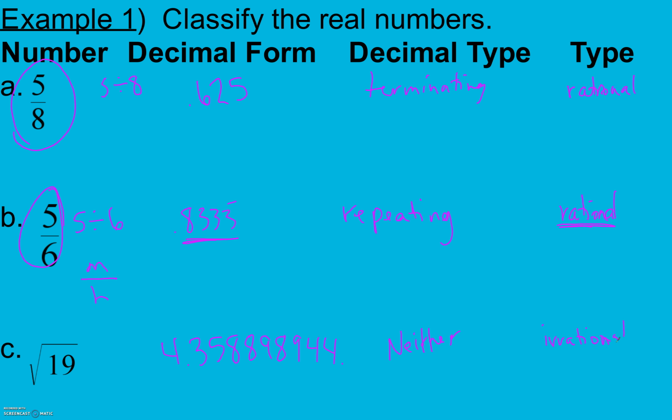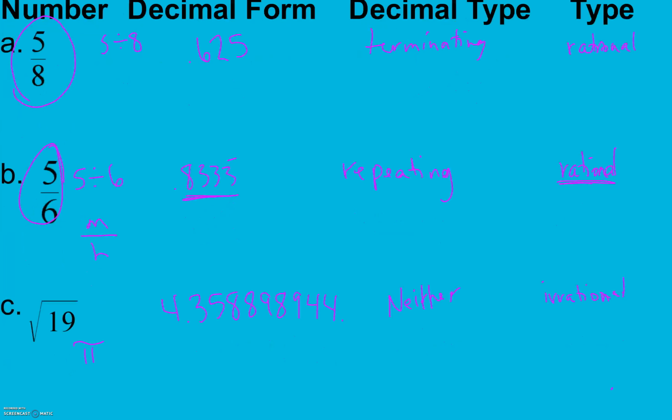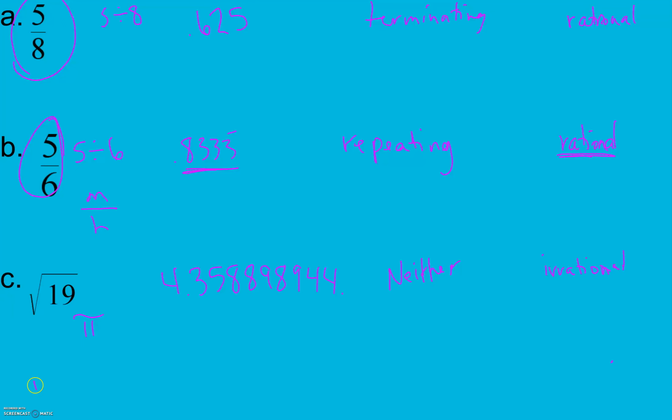Rule of thumb. Besides pi, most of your irrational numbers are going to be square roots. So if you see a square root, we have to double check, is it a perfect square? If it's a perfect square, something like the square root of 16, for example, which as a decimal is just 4, okay, that terminates, which makes it rational.